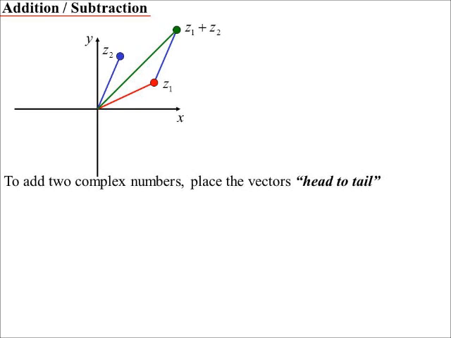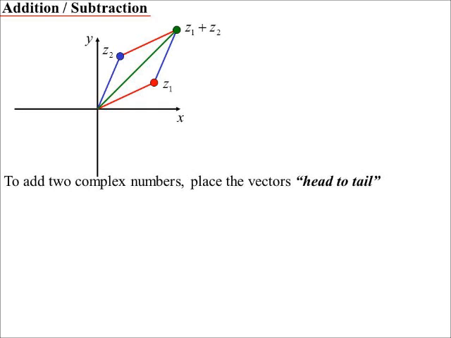There you go. So that green vector would be Z1 plus Z2. So I slide the vector along and it tells me the new answer. Of course, as you know, addition can be done in any order. Z1 plus Z2 should be the same as Z2 plus Z1. So if I move the red one, sure enough, I end up on the same point. In fact, I end up with a parallelogram.